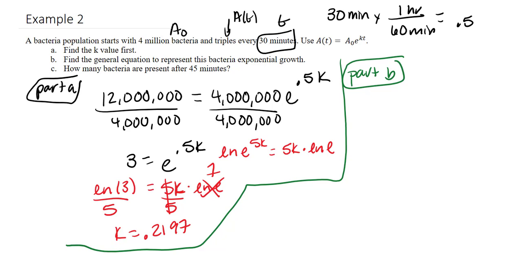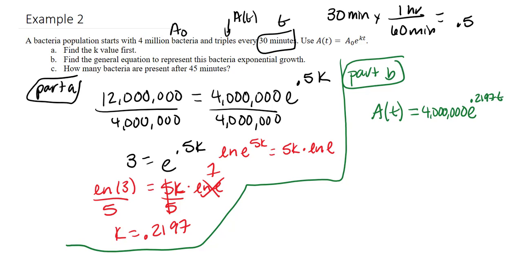So let's find the general equation to represent this bacterial exponential growth. Well, that just means we're going to have A sub t. Then we still are always going to have 4 million here, times e raised to this 0.2197t.